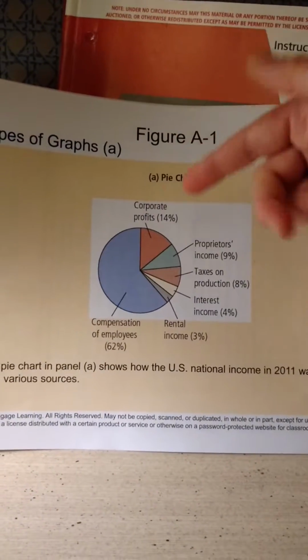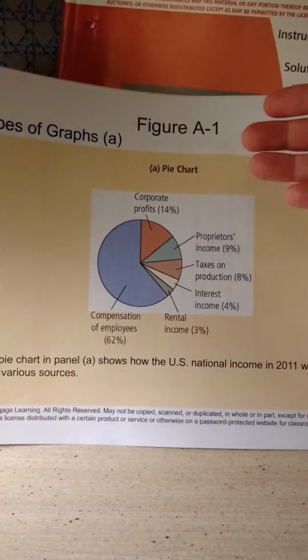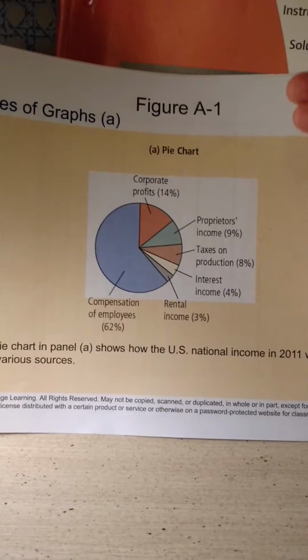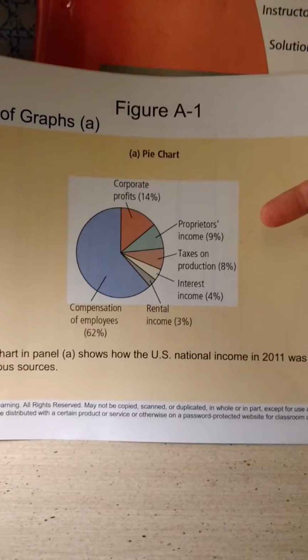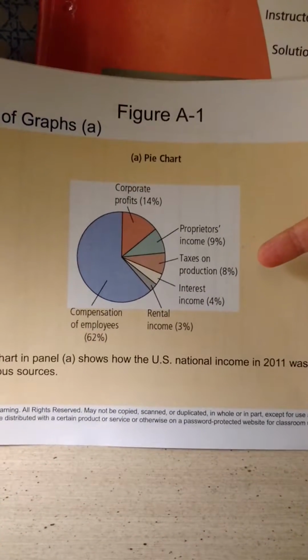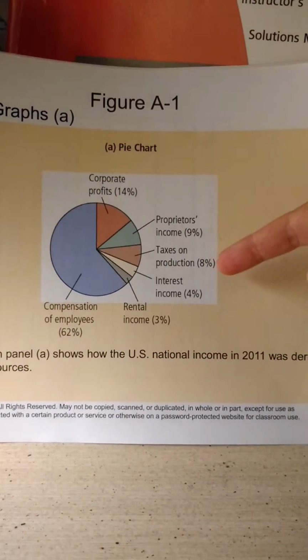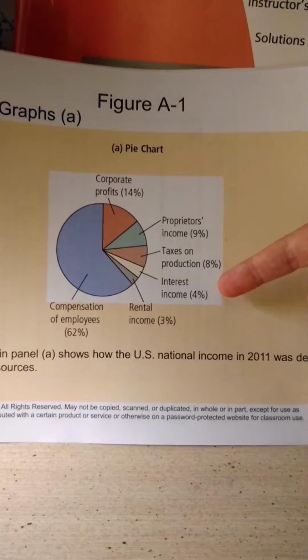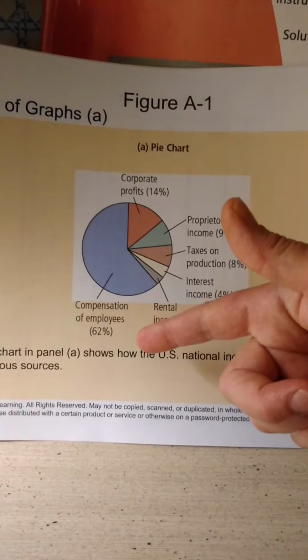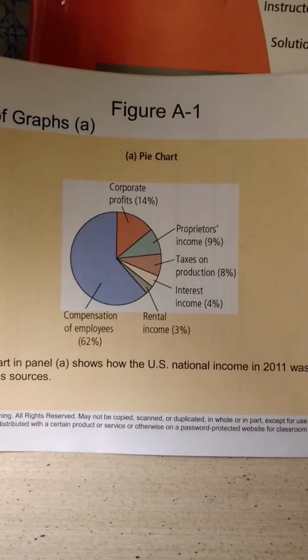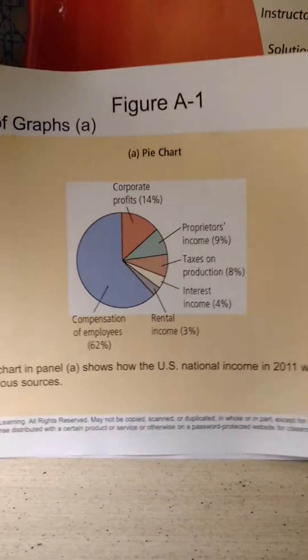So corporate profits here in orange represent 14% of the U.S. national income for the year 2011. You also have proprietors' income at 9%, taxes on production at 8%, interest income at 4%, rental income at 3%, and compensation of employees at 62%. So this is giving us a lot of information. Okay.